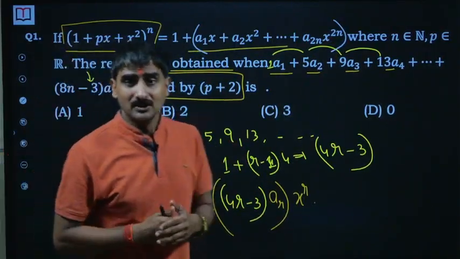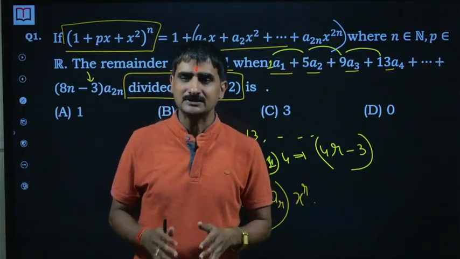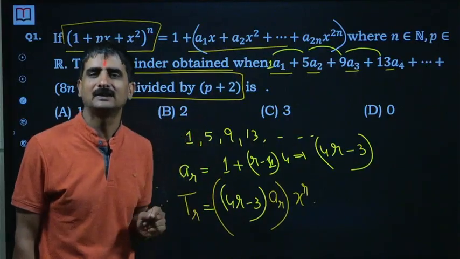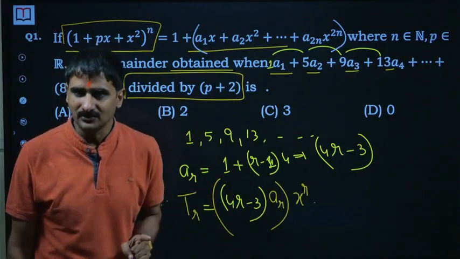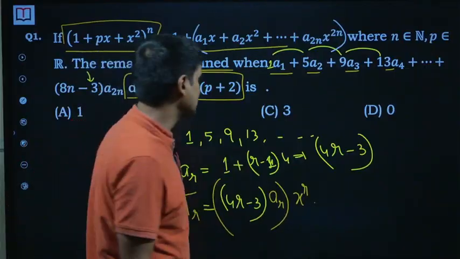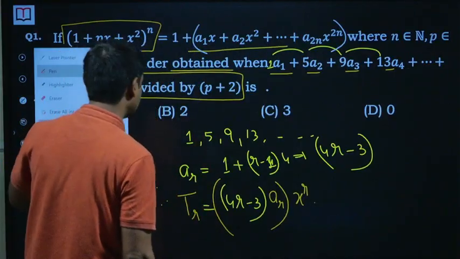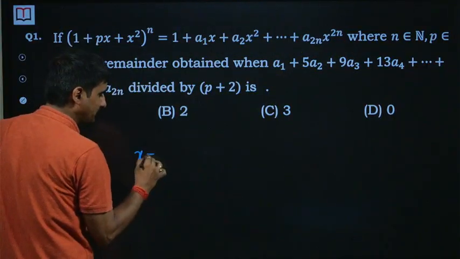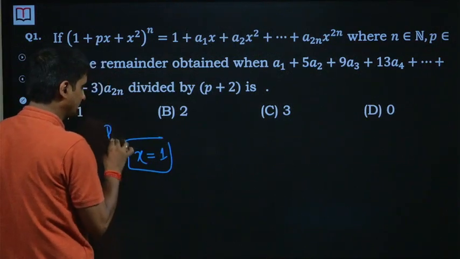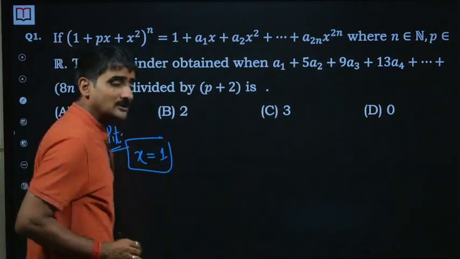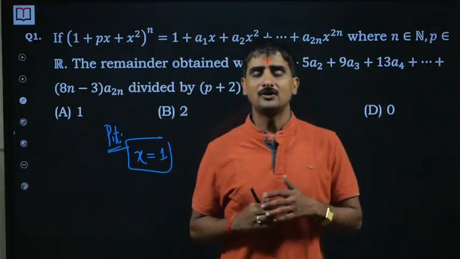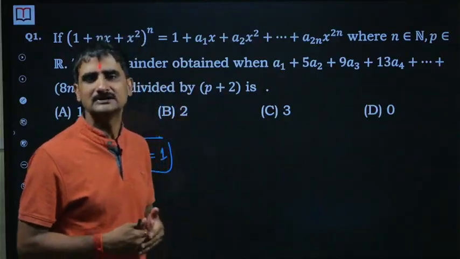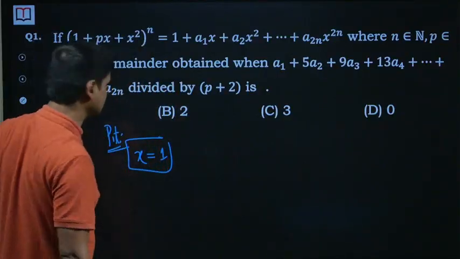In any polynomial expansion, if we have to get the sum of all the coefficients, the simplest method is to replace the variable of that polynomial by 1 on both sides. Never forget this: whenever we need the sum of all coefficients in any polynomial expansion, that's the simplest method.